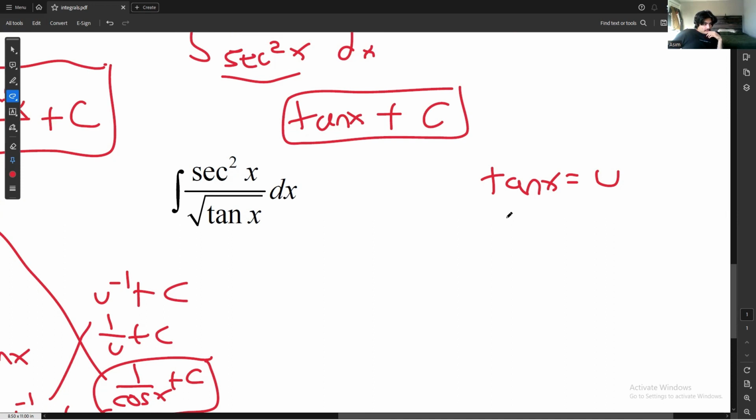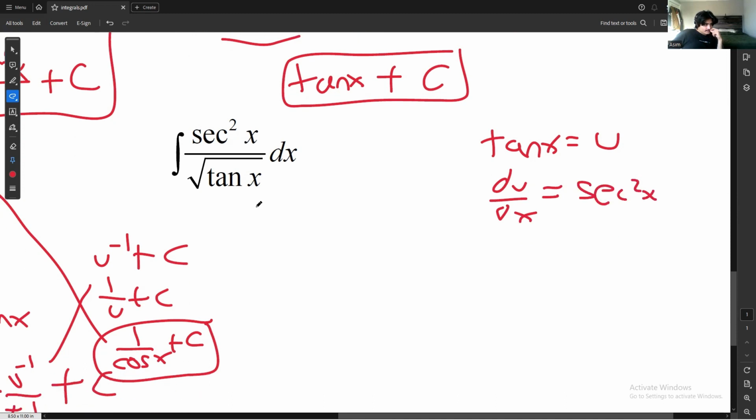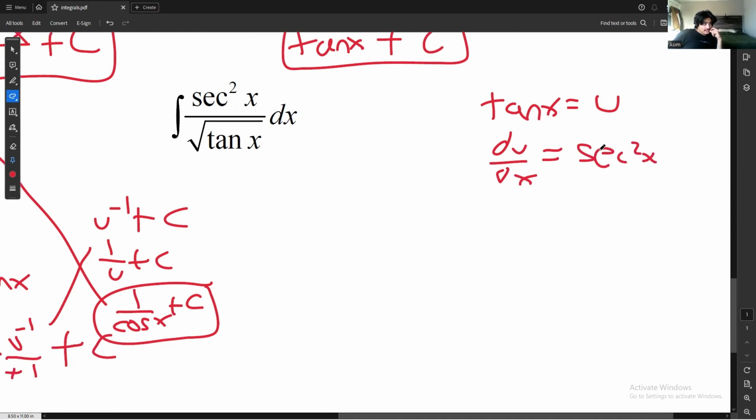So du dx is going to be equal to secant square x. All right. And my dx will be equal to du over secant square x.